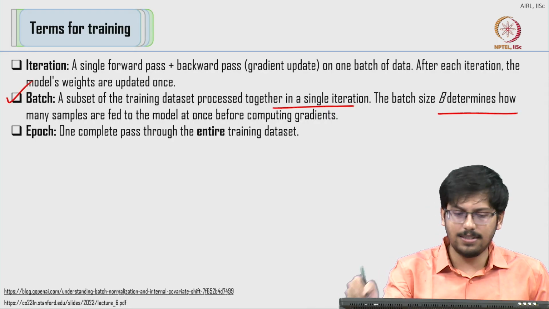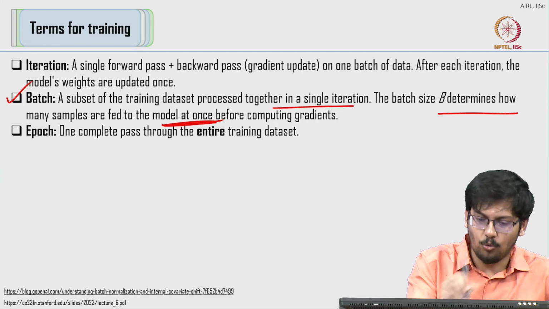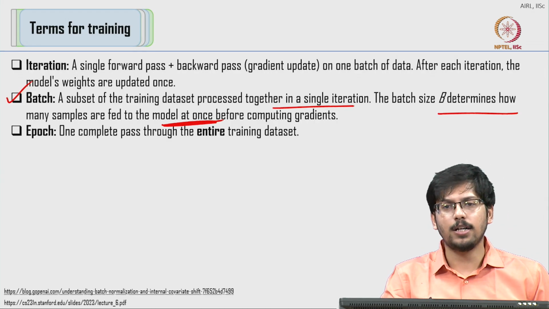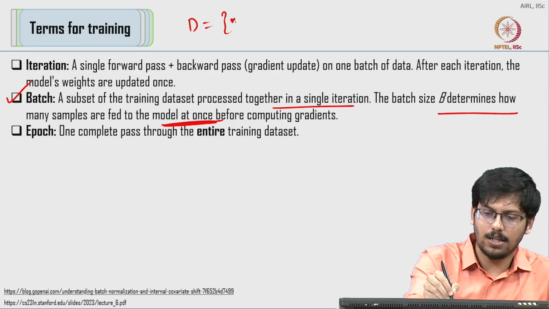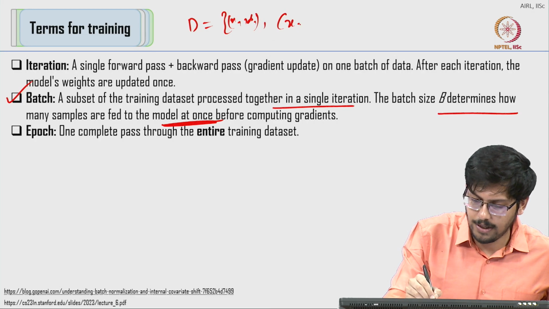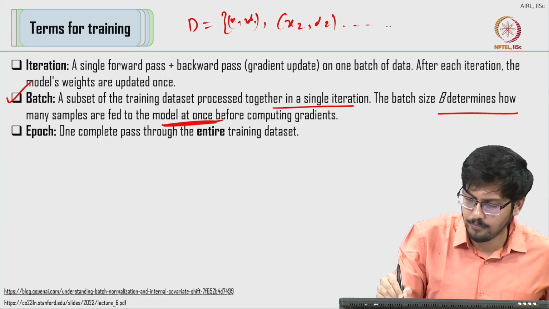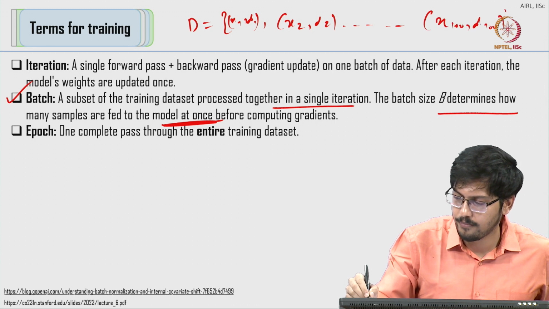Essentially, the batch size determines how many samples are fed to the model in one go before computing the gradients and updating. If I take an example of a dataset D which starts from x1 comma d1, x2 comma d2, up to x100 comma d100.